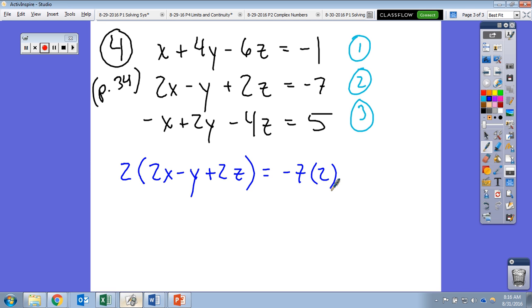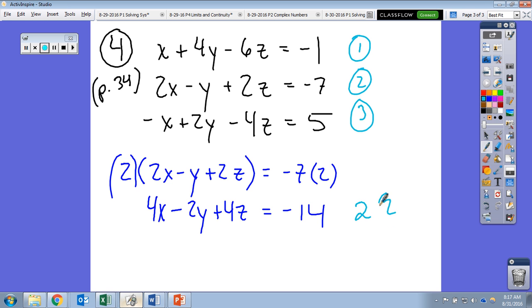Multiplying both sides of the equation by 2. If I distribute this, I have 4x minus 2y plus 4z is equal to negative 14. This here is 2 times equation 2.